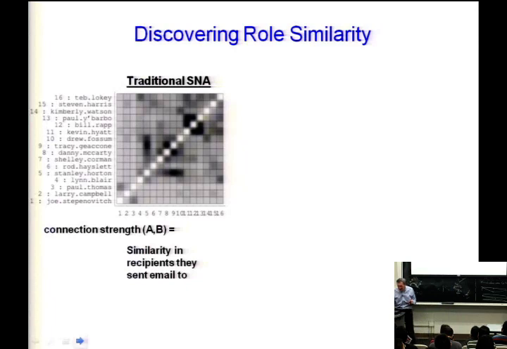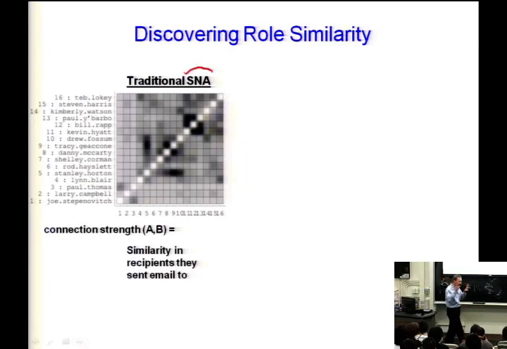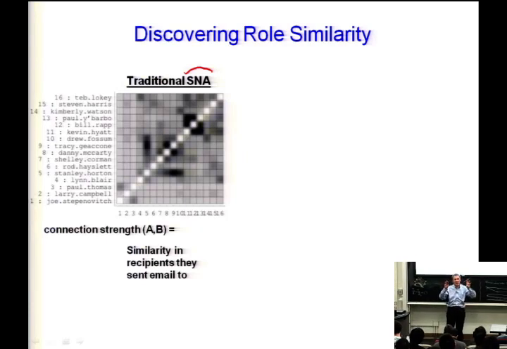So if you do the first kind of traditional social network analysis, just treating this email collection as each author and recipient is a node, and there's an edge if we share email, then you find that if you take, say, these 16 people and ask which ones share emails, then the black places are where a lot of emails are being shared, and you can kind of see who groups with whom in terms of just volume of shared emails.